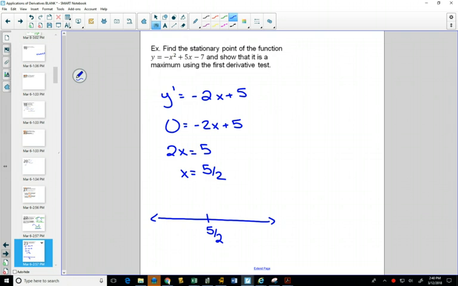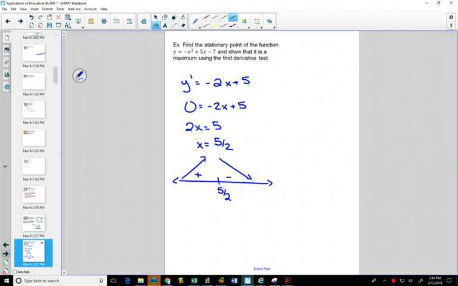Anything less than 5 over 2, like -3, will be positive, which tells us that our original function was increasing before 5 over 2. And anything after 5 over 2, you plug in 10 or 20 or whatever you'd like, will be negative, telling you that your function is decreasing after.